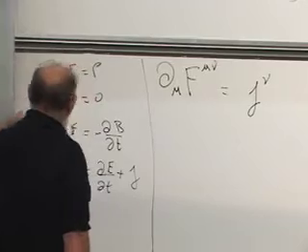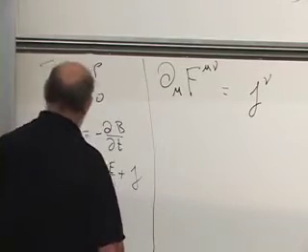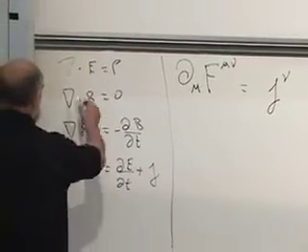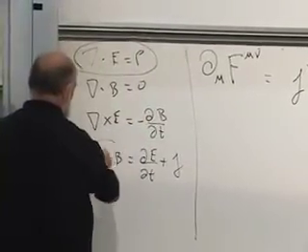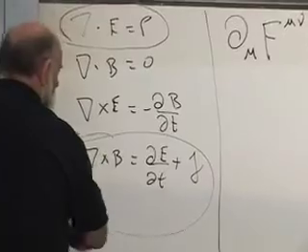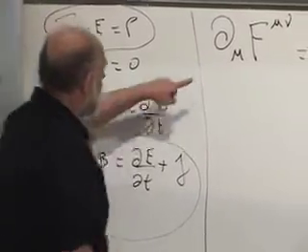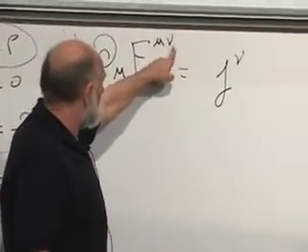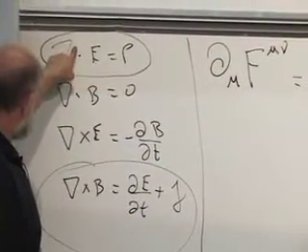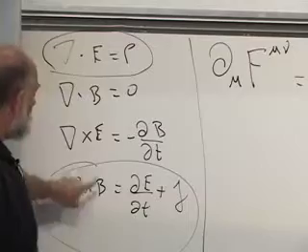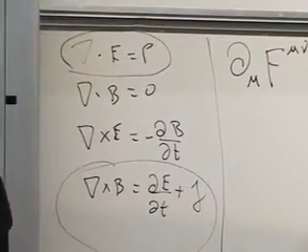I'm not going to do them all. The ones that are relevant here are the ones with current and charge density. There are four equations here for the four different values of nu. 1, 2, 3, 4. So let's check to see if any of them are the same.